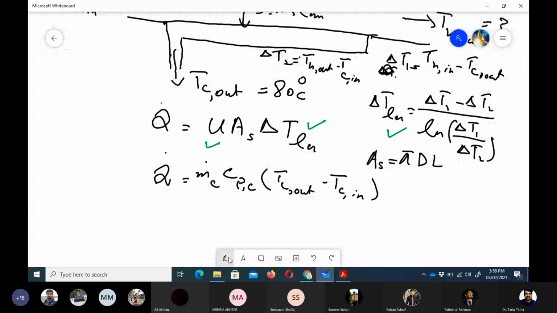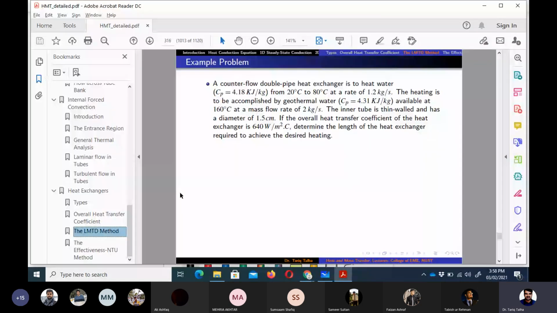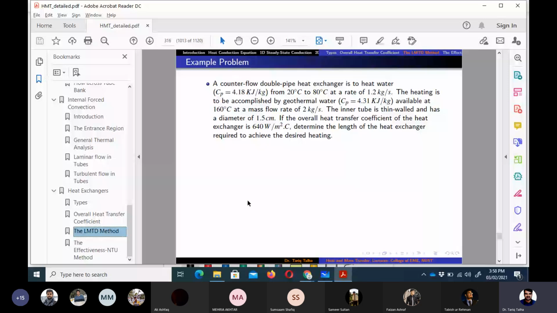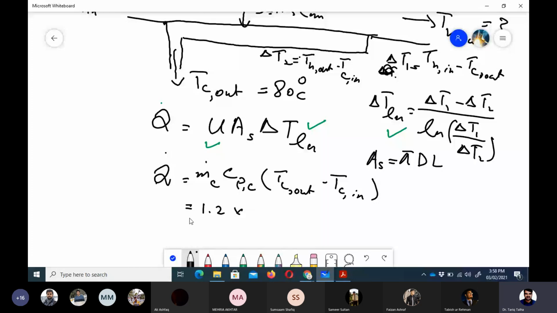So m dot C, if we remember, is 1.2 kg per second. 1.2 into CpC, which is given, that is 4.18 kJ per kg.